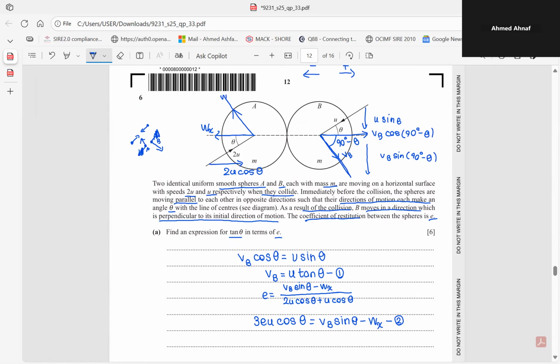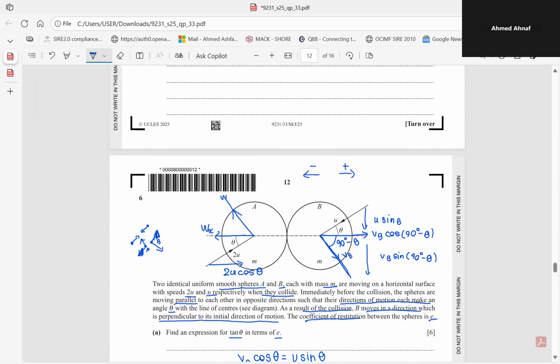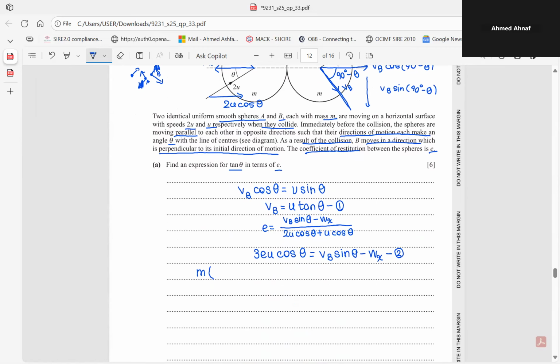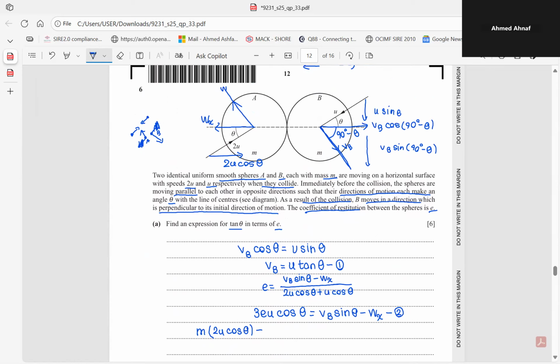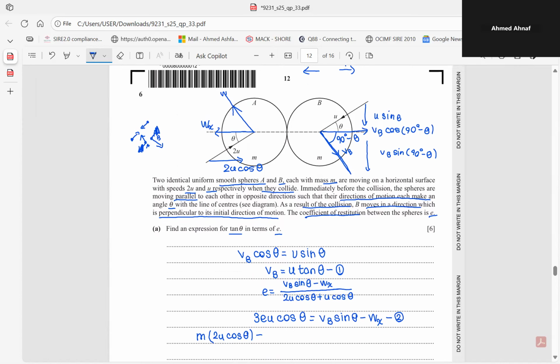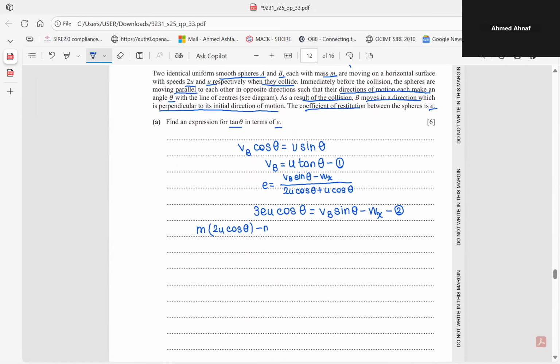Initially, we have A, so it's m times 2u cos theta, positive. Plus, I'm just going to put a minus sign because the initial velocity of B is in the negative direction, so that is mu cos theta.